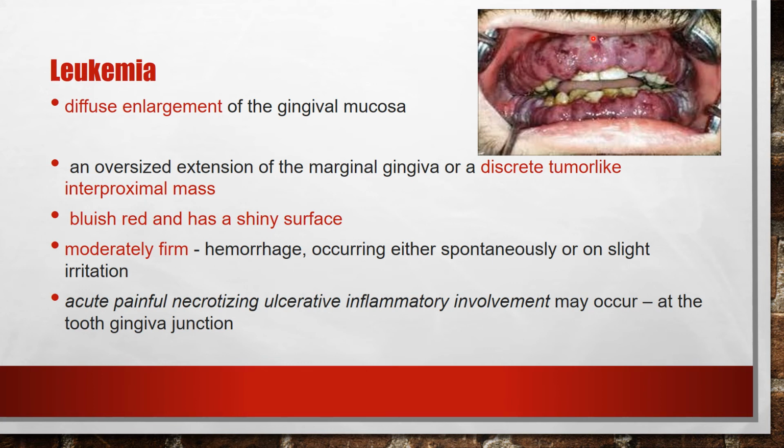It appears bluish red and has a shiny surface. It will be moderately firm. Hemorrhage can occur either spontaneously or on slight irritation. In the interdental areas, acute painful necrotizing inflammatory involvement may occur at the gingival junction, that is mostly in the crevice region.